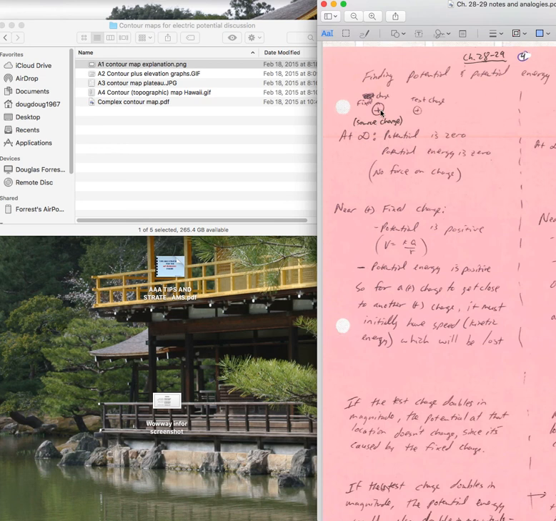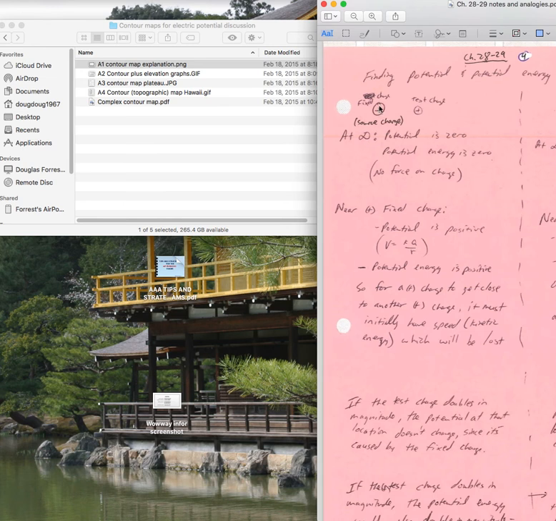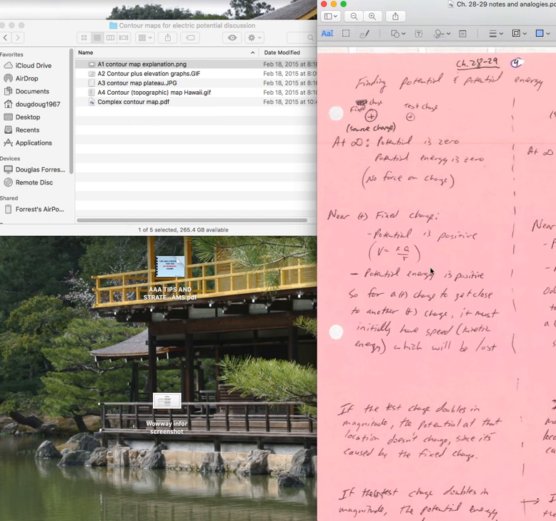Why? Because this fixed charge is a positive charge. It would have positive voltage, and the equipotential lines get closer and closer together as we get closer and closer. So it's like a mountain peak. So potential is positive, kQ over r.